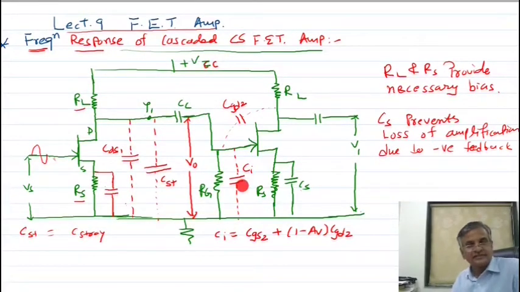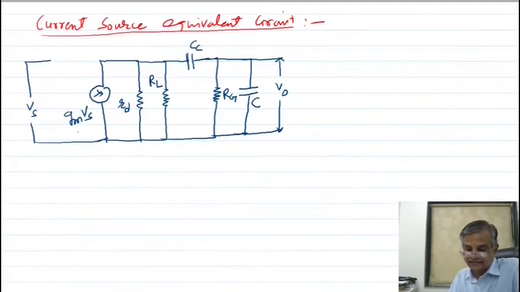This capacitance Ci is the input capacitance for second stage, plus C straight plus CDS1. These all are in parallel, so I am doing the addition. CDS1 plus C straight plus Ci I am showing as C, remember, and this is the output of first stage VO.